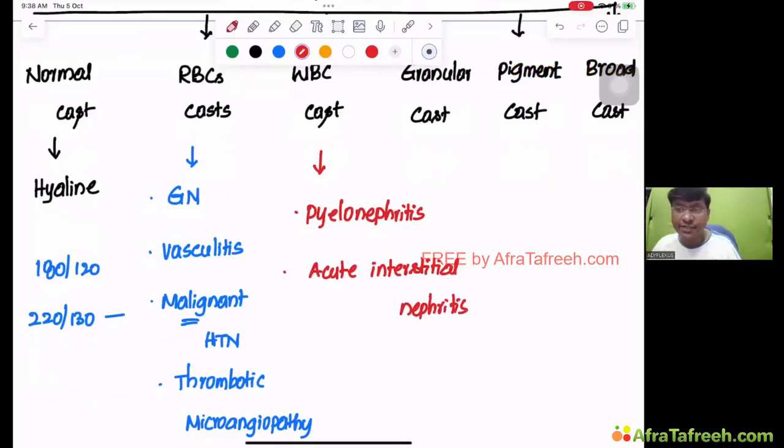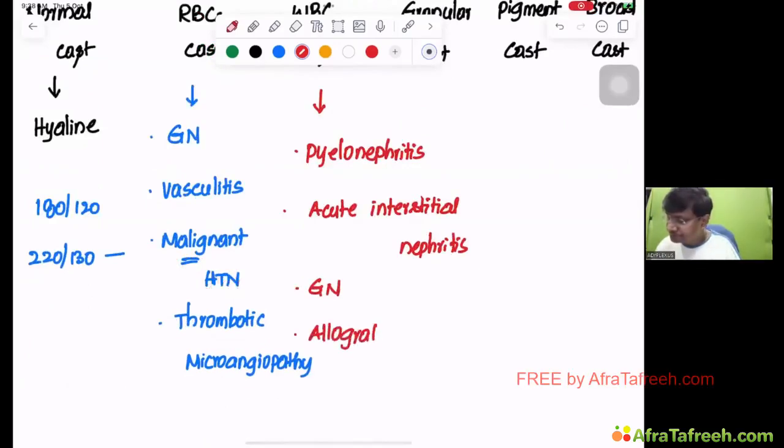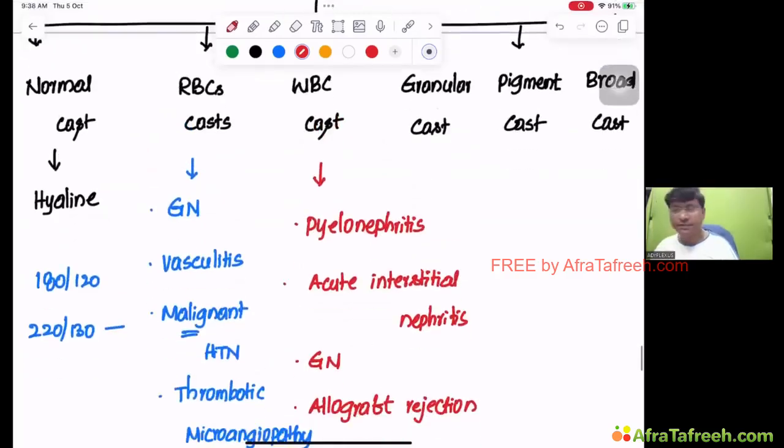And not only that, in case of glomerulonephritis, there can be WBC cast, and even in case of allograft rejection. Okay, so these are all the conditions where you can have the presence of the WBC cast, right?